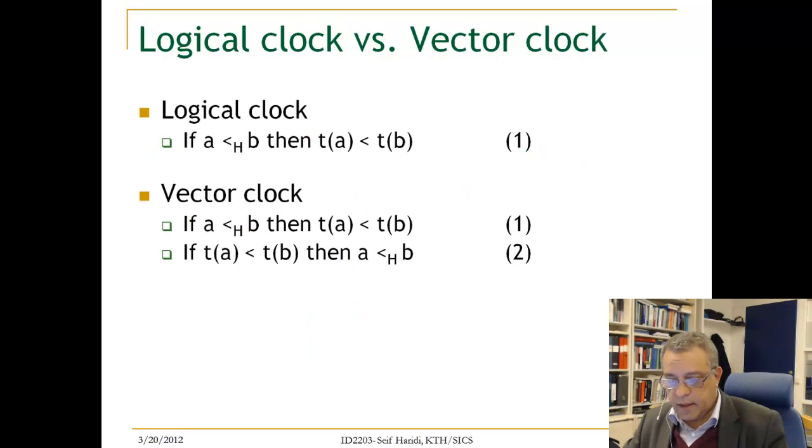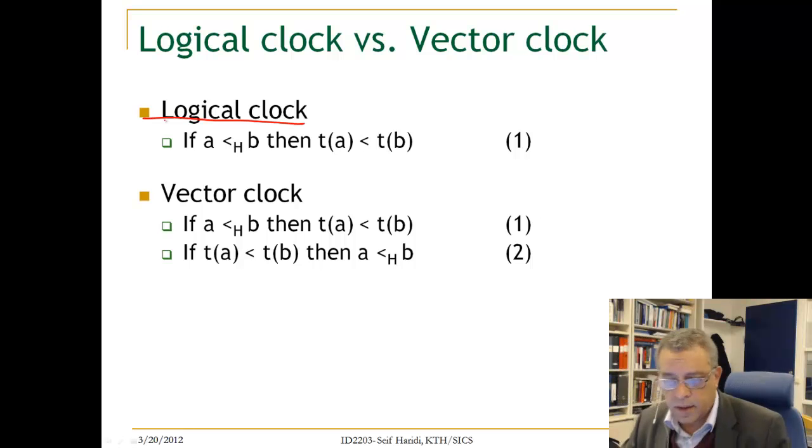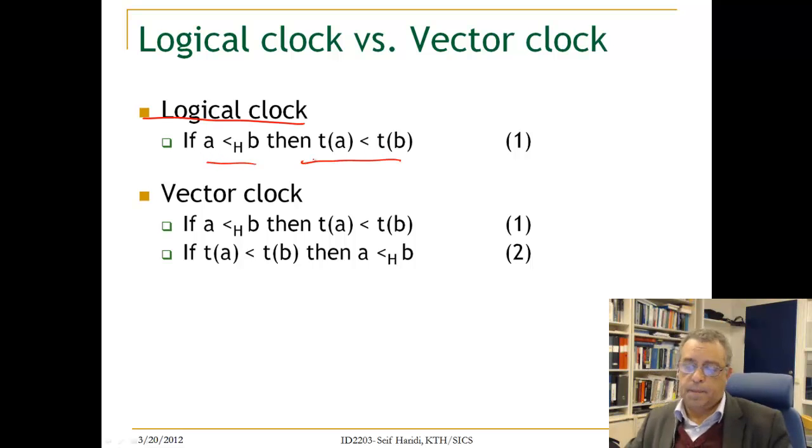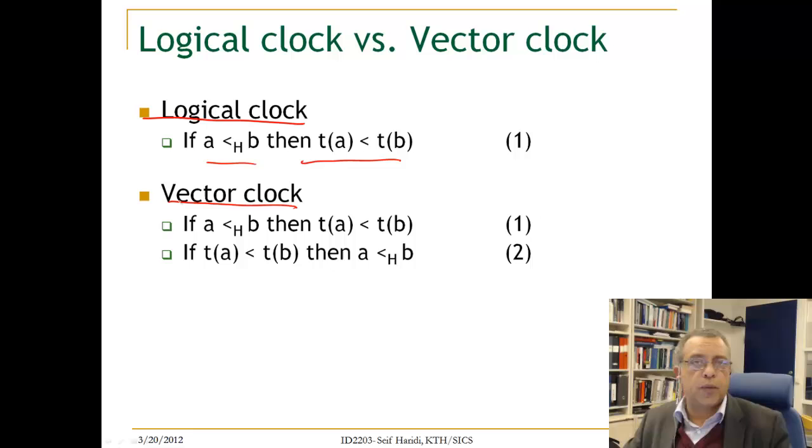I will end this with a reminder. Logical clocks give us the following property: if A happens before B, we know that the timestamp associated with A is less than the timestamp associated with B. And in vector clocks, we know both directions.